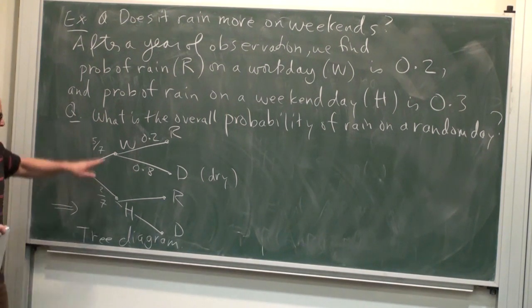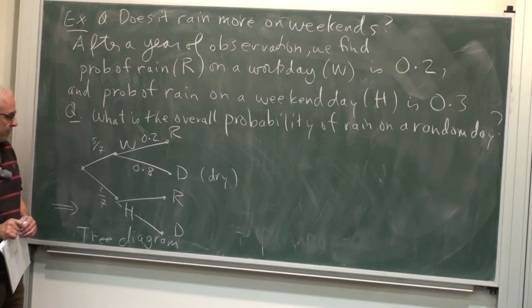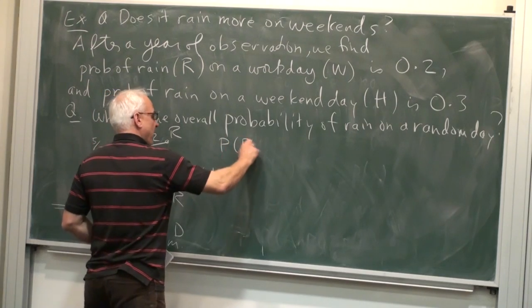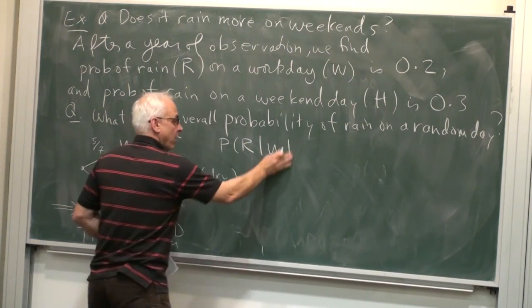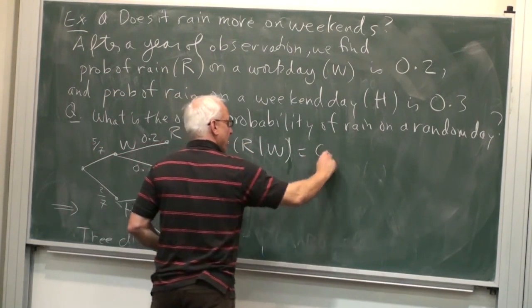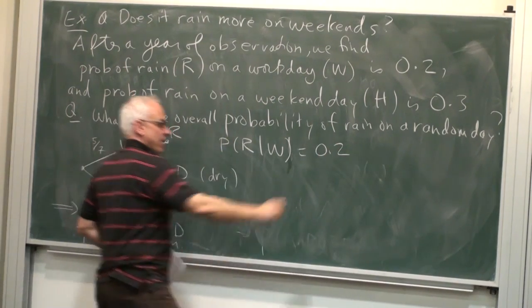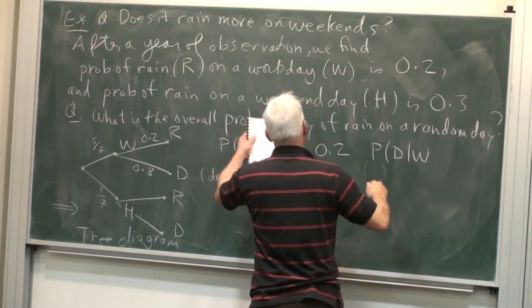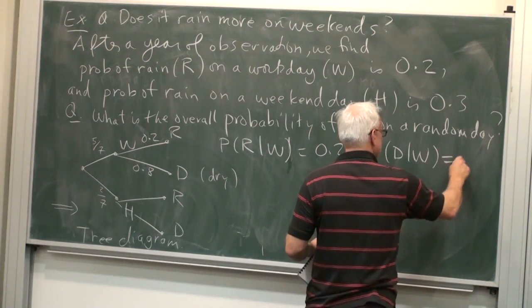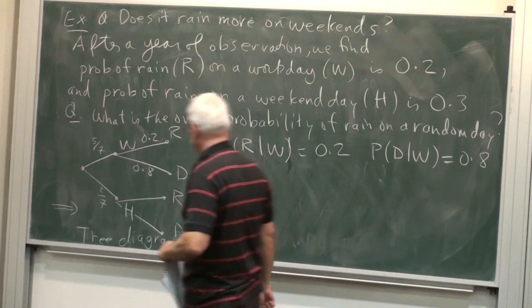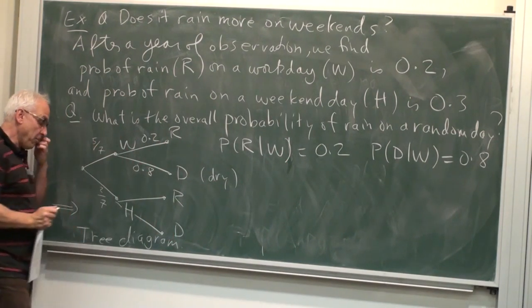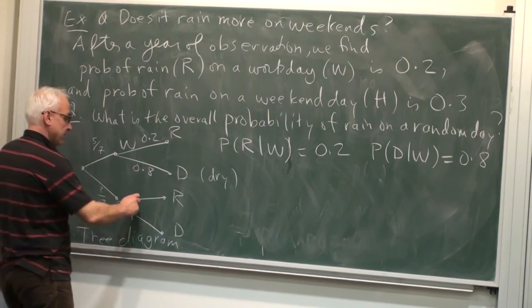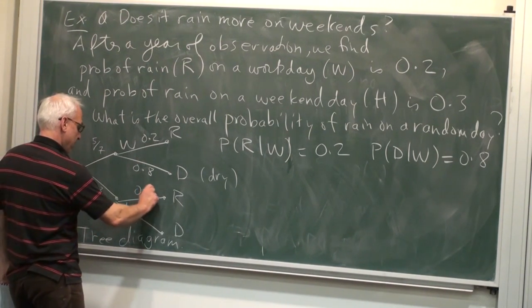So these are actually conditional probabilities. What we're really saying is that the probability of R given W is 0.2, and that the probability of it being dry, given that it's a work day, is 0.8. And similarly down here, the probability of it raining if it's a weekend day is, we said, 0.3.